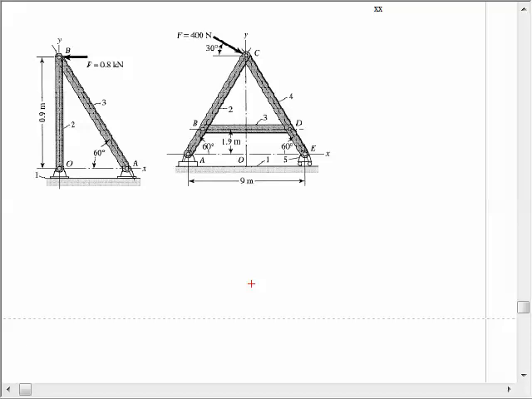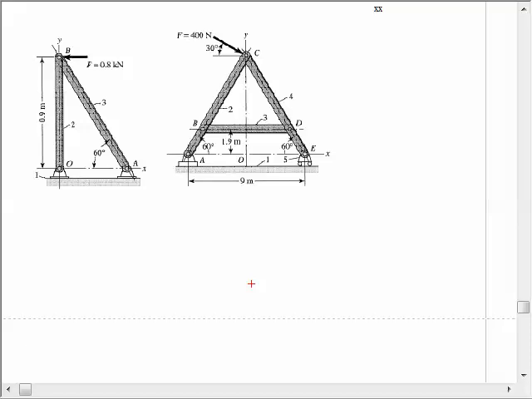Those 4 pin joints will each have 2 unknowns. That's 8 unknowns. But this pin joint's only going to have 1 unknown. There is no force in the horizontal direction, but there is a force in the vertical direction. That would be my 9th unknown. And so 9 equations, 9 unknowns. These equations of statics can be written for this problem and solved for the unknowns.